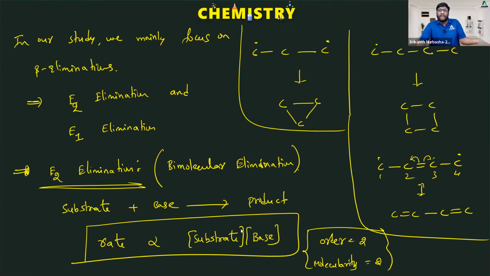So the rate of SN1 reaction does not depend upon the concentration of nucleophile. Rate of SN2 depends upon the concentration of nucleophile. So if you take a strong nucleophile, it preferentially undergoes SN2. Yes or no? Similarly, E2 elimination rate depends upon the concentration of base. So E2 elimination will only happen in very strong base conditions.